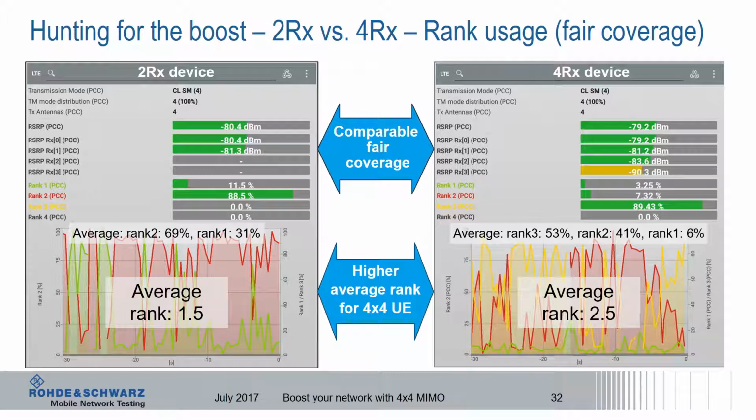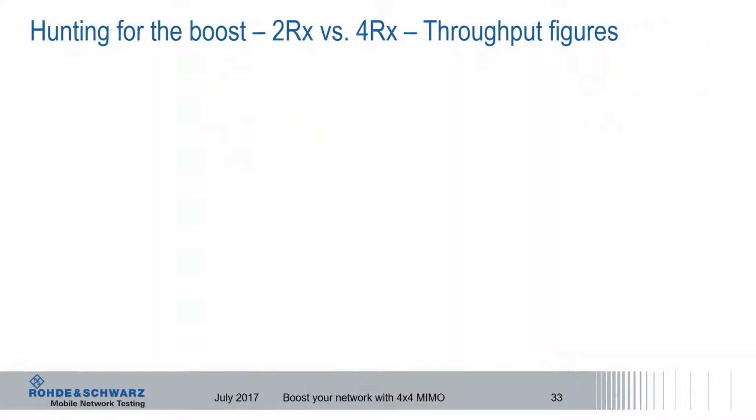In contrast to that, the 4 RX device shows a rank 3 contribution averaging 53%, rank 2 41%, and rank 1 only 6%. This means, of course, a higher average rank of up to 2.5. So here we can really see the boost, that the rank is already higher at the same stationary place.